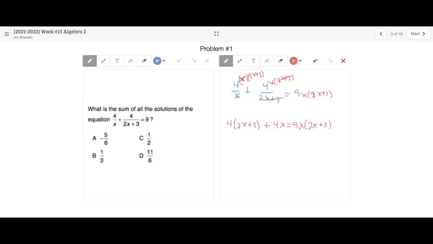I mean, I'm looking at it, it's like, okay, this is distribute. Okay, good. I love it. So let's just jump right in. So I'm going to distribute. I'm going to get rid of the numbers in front of the parentheses. So this gives me 8x plus 12 plus 4x is equal to 18x squared plus 27x. Okay.